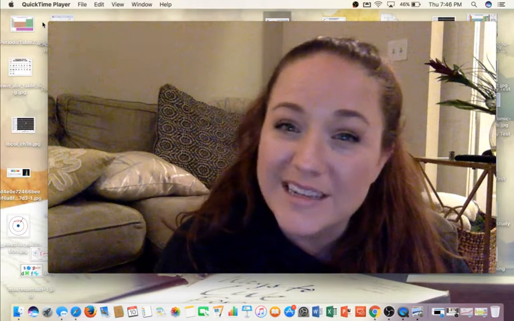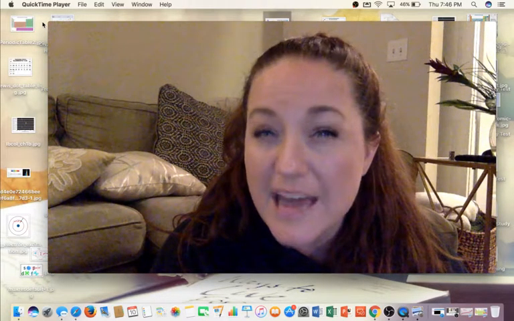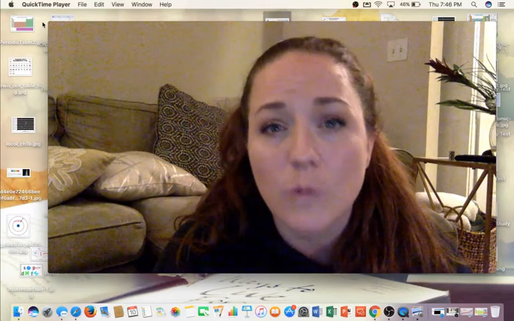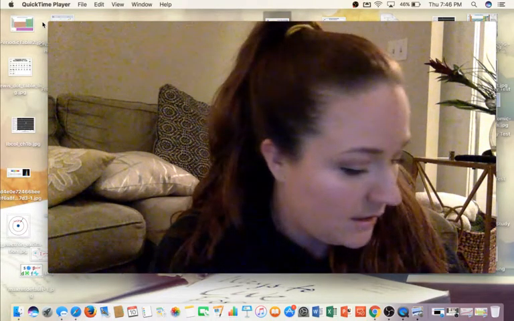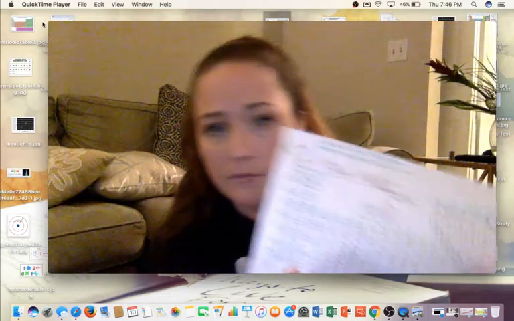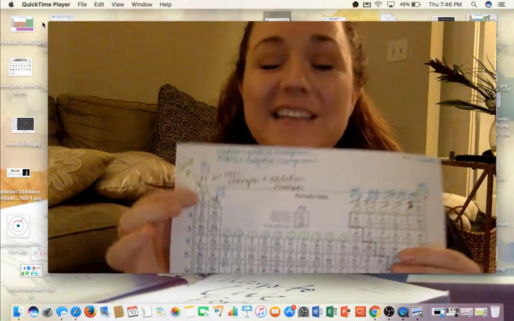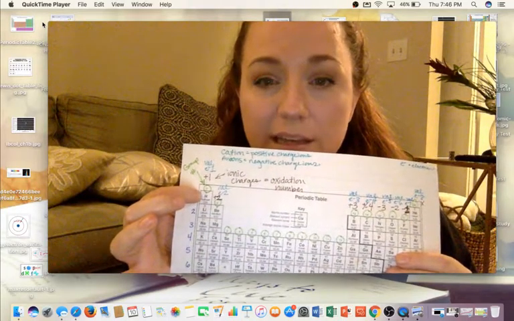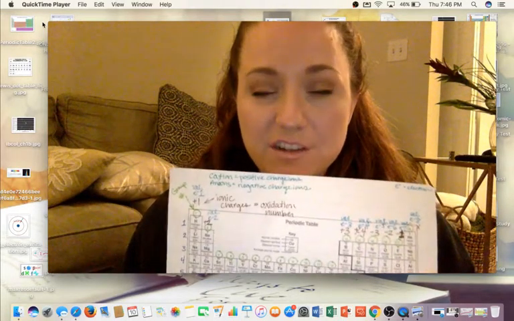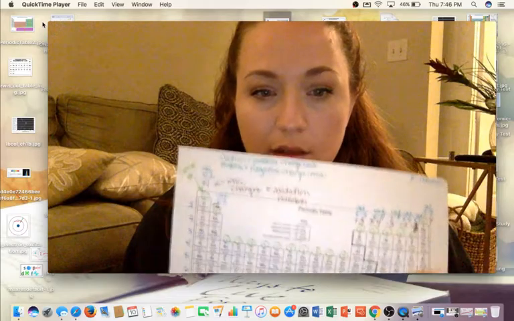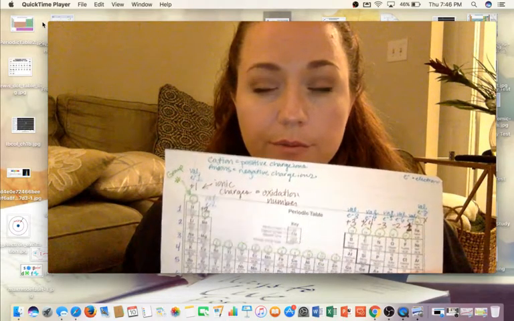So you can identify any of the elements' energy level by just seeing what period it is in. Also, up top, using your groups, you can identify how many valence electrons are in that particular group.